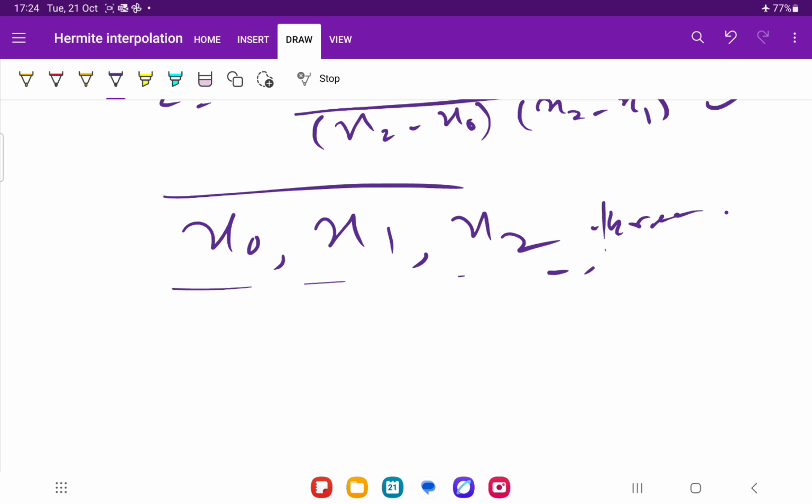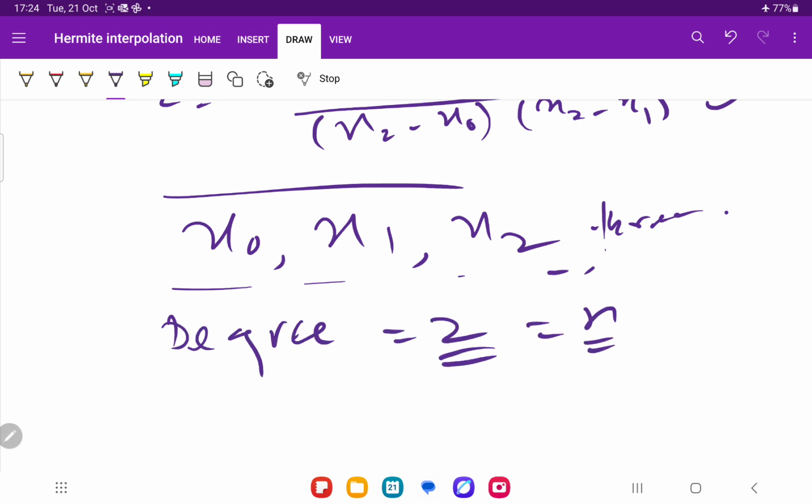What should be the degree of the polynomial if it is generated by using 3 points? Degree 2. Okay, degree will be 2, that is called n. Okay, a second degree polynomial will be generated if you have been given 3 points.